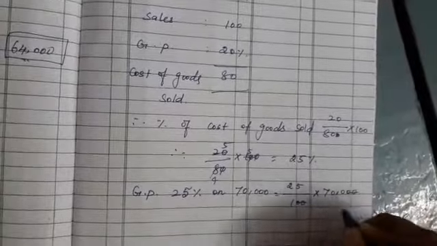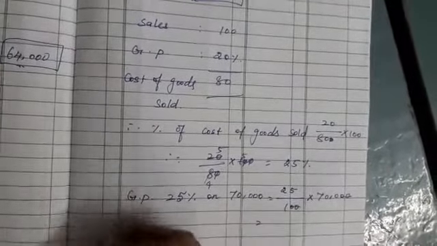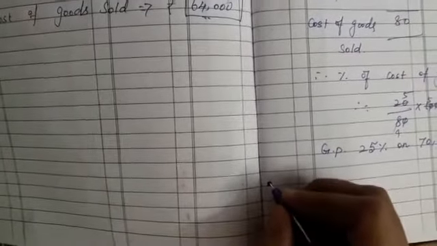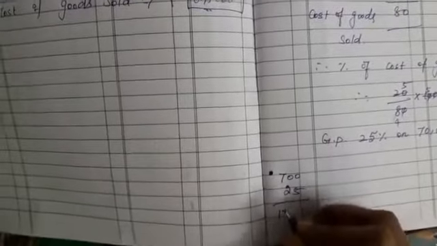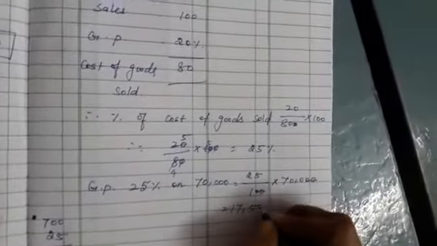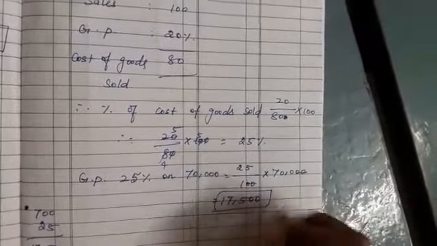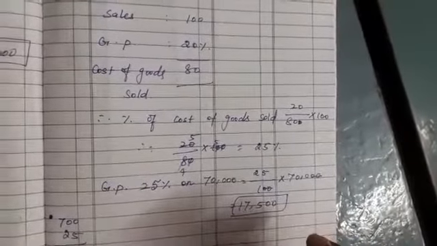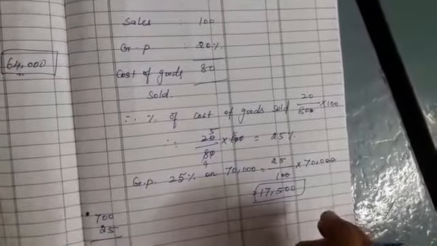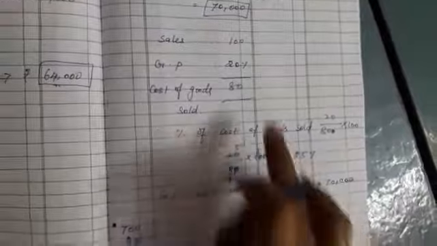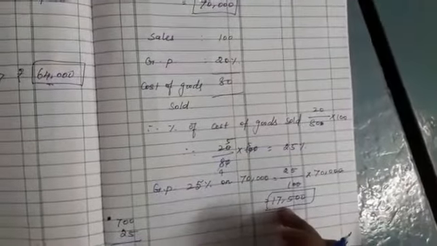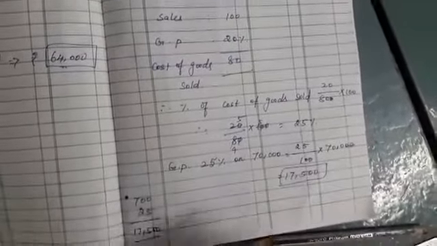So you have to show that as a working note: 700 into 25 is 17,500. So 17,500 is the GP in that sales. For approximately they are giving the percentage; now we found the rupees.